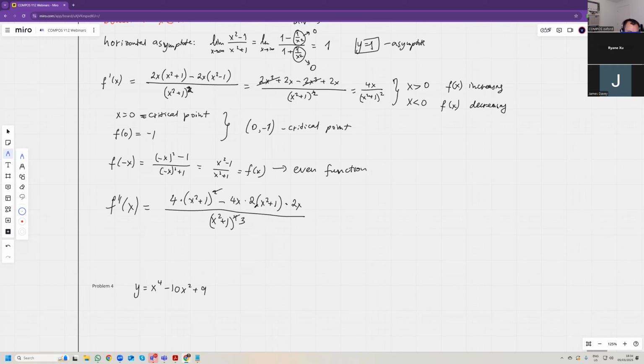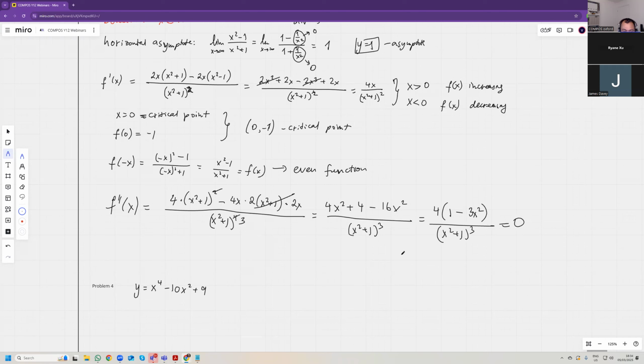It's going to be 4x squared plus 4 minus 16x squared, over x squared plus 1 cubed, which equals 4 open bracket 1 minus 3x squared, over x squared plus 1 cubed.